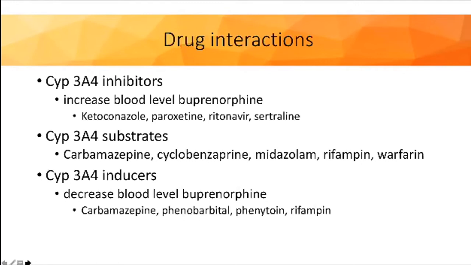And then as well, carbamazepine in particular, both a substrate and an inducer. So it'll decrease the blood level of buprenorphine. Folks may start feeling a bit uneasy, having some breakthrough withdrawal symptoms or cravings. So you just may need to titrate the dose if they're on those medications as well.